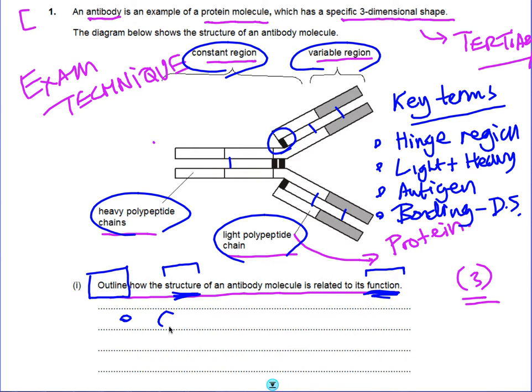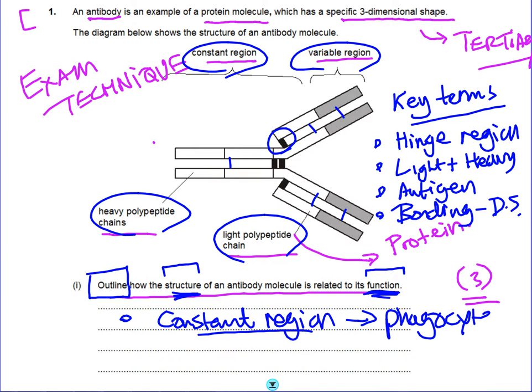So it's constant because it's the same in all antibodies, no matter what the variation is on the variable region. So that allows binding to phagocytes, or examples of those such as neutrophils or macrophages, etc. So that allows binding to those. So that's its structure, and that's how it's related to its function.